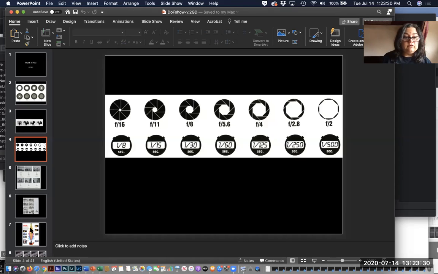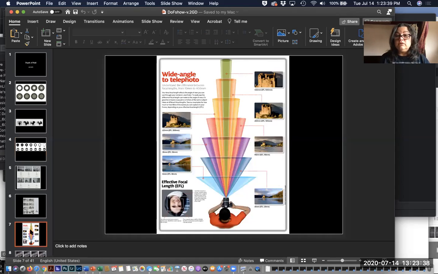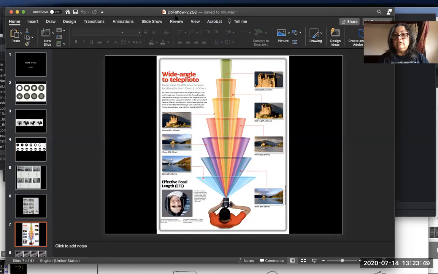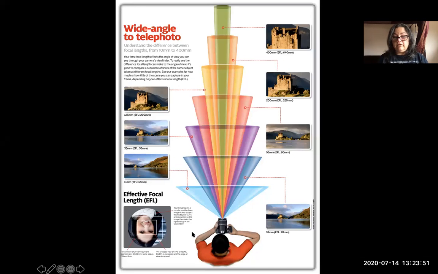What happens to the framing of your image when you change the focal length of the lens? So let me just go to... Can you guys all see this wide angle to telephoto diagram with pictures?